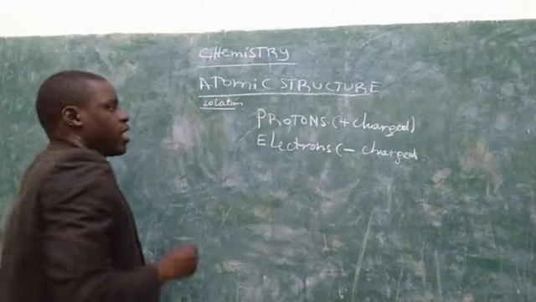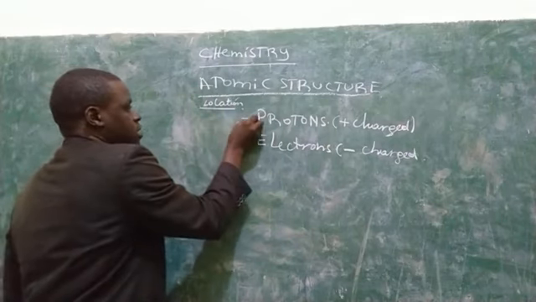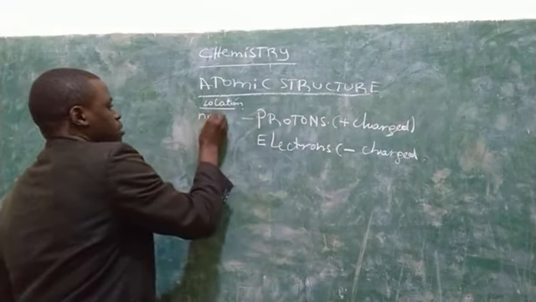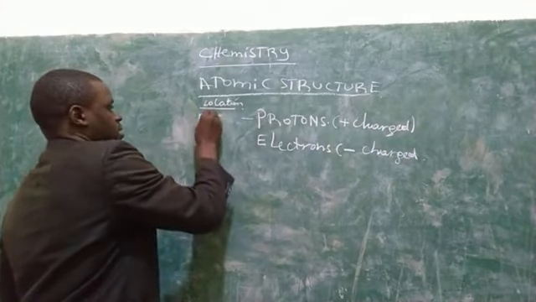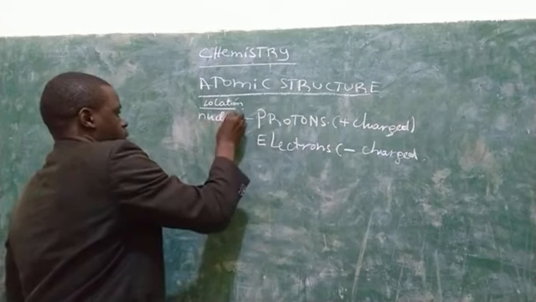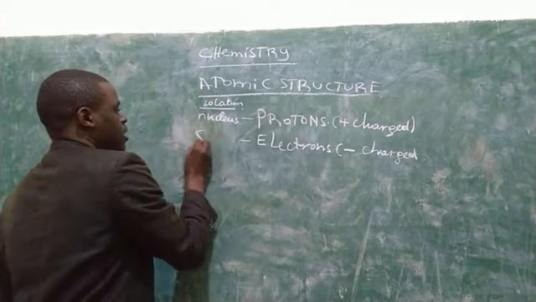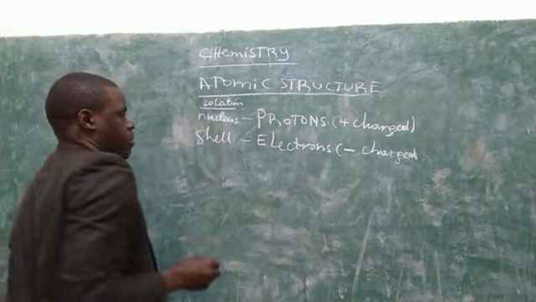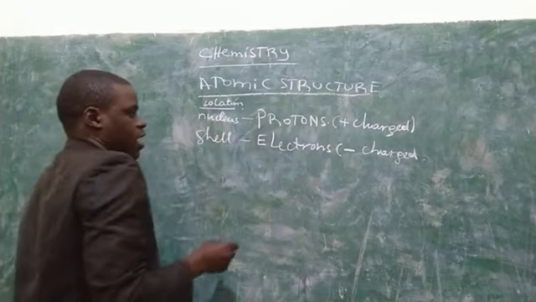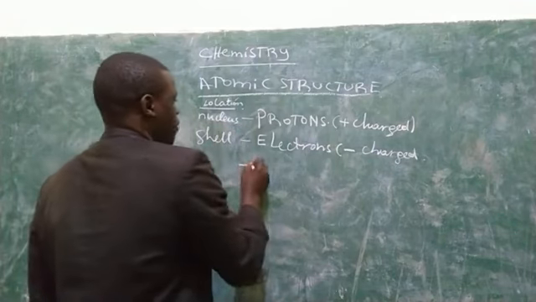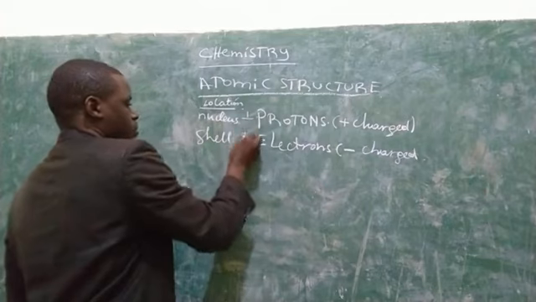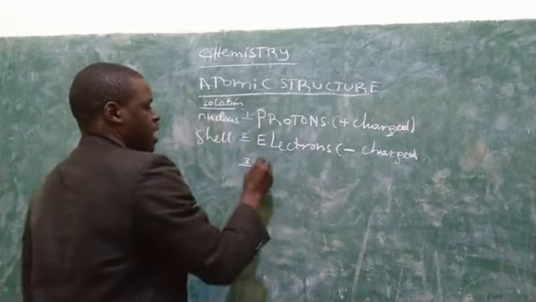Location: the protons are in the nucleus. Electrons are in the shell part. And also we have another one: this is number 1, number 2, and number 3, the neutrons.